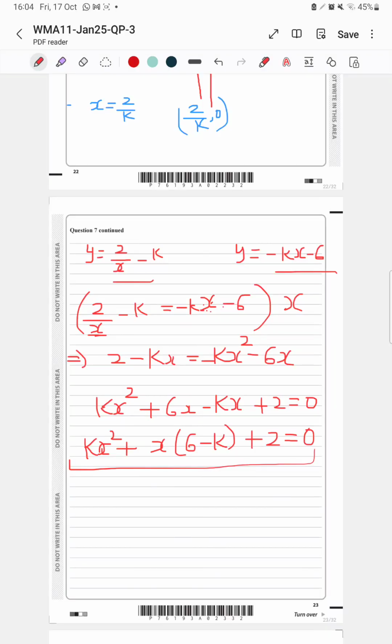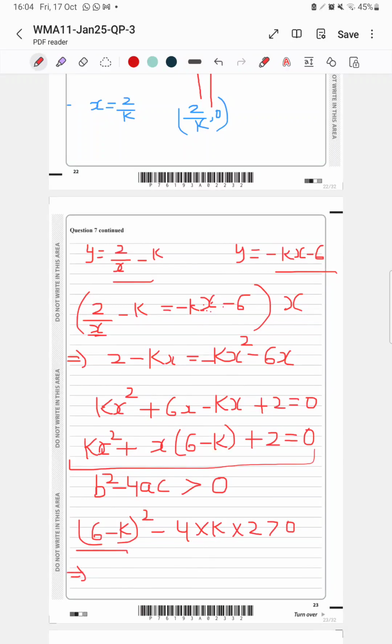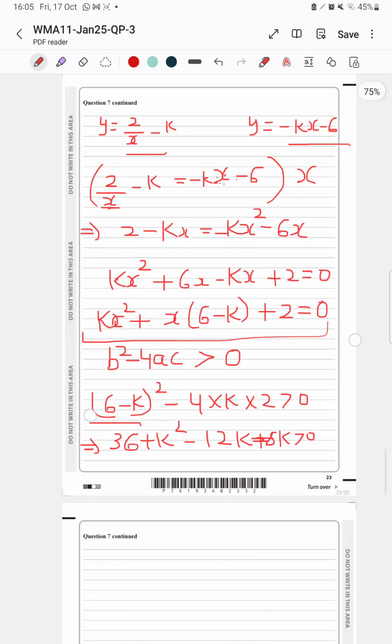If there are 2 points of intersection, then the discriminant, which is b squared minus 4ac, should be greater than 0. So (6 minus k) the whole squared minus 4 times k times 2 must be greater than 0. When you open this bracket, you will get 36 plus k squared minus 12k minus 8k greater than 0.